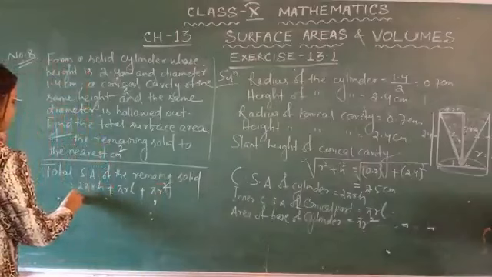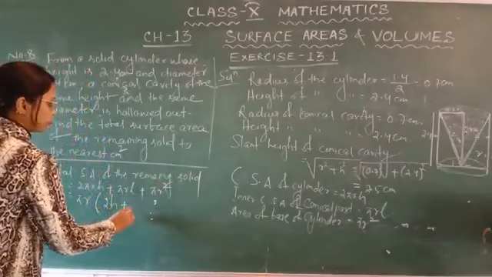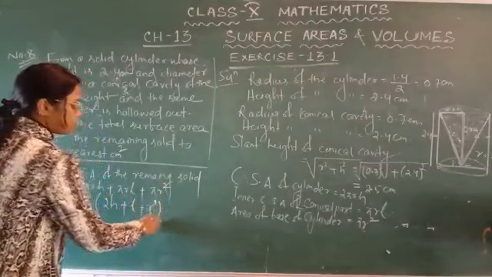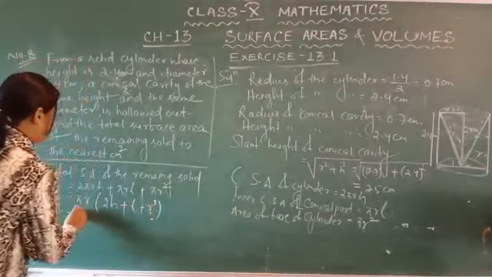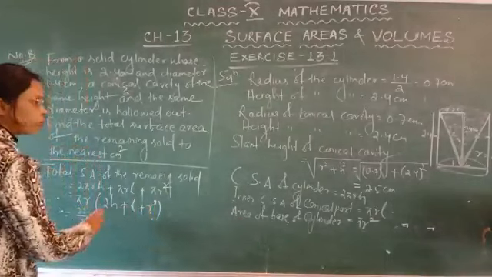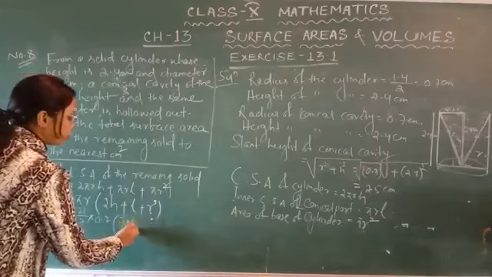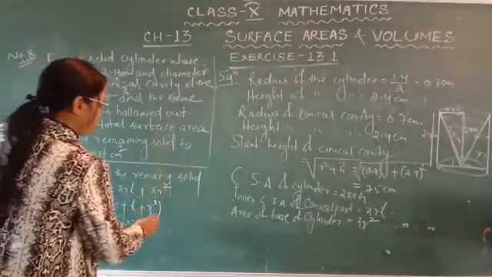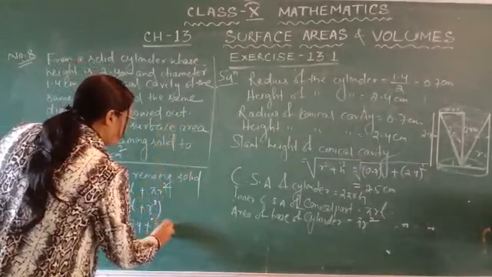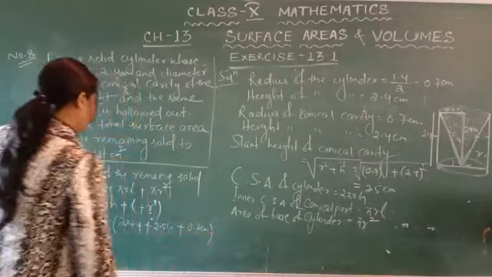Here we can take common pi r, so it is pi r into 2h plus l plus r. So here we write pi as 22 upon 7, r is equal to 0.7, into 2 into 2.4 centimeter plus l is equal to 2.5 centimeter plus r is 0.7 centimeter.